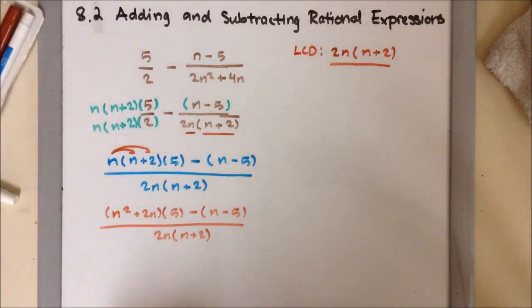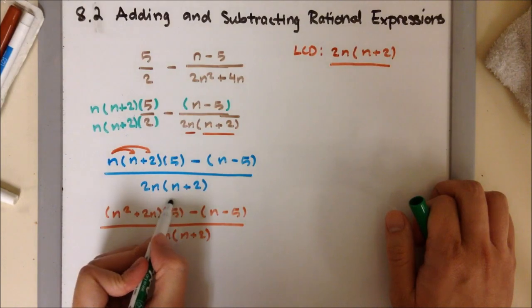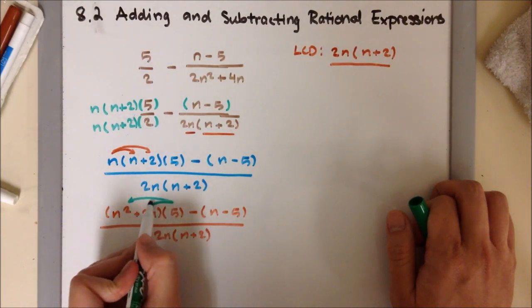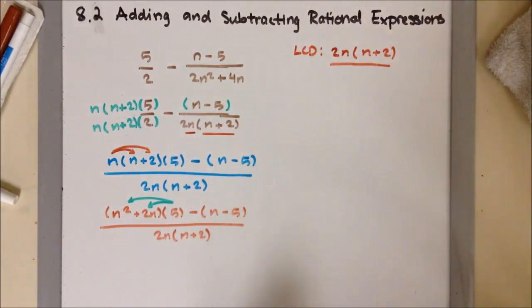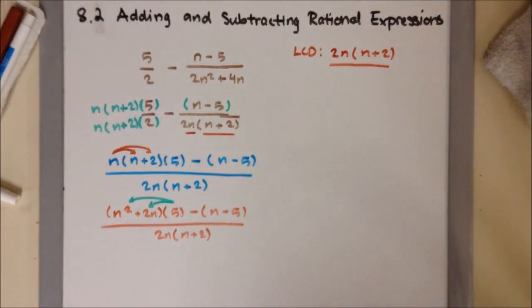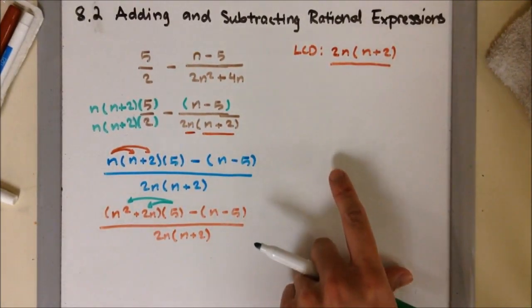Next, I'm going to distribute the 5 to the n squared and the 2n since they're multiplying each other. I'm going to write on the right side for more space.